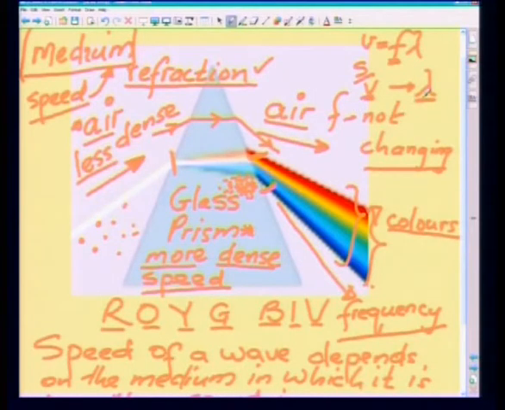I want you to get this very clearly. The frequency is not changing, but the wavelength is the quantity that is changing, which results in the change in the speed of the wave, or the electromagnetic wave. When does this happen? It happens when the electromagnetic waves move from one particular medium into another.